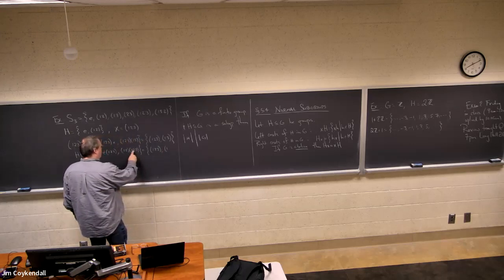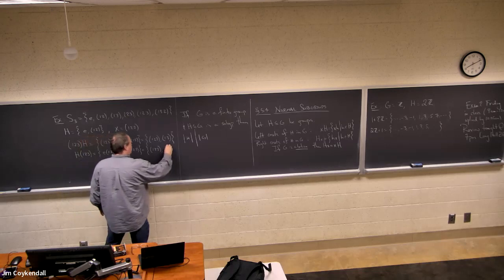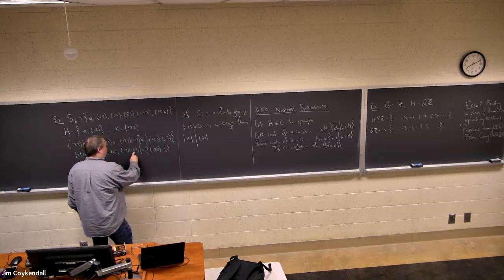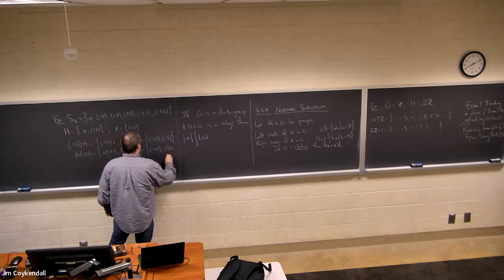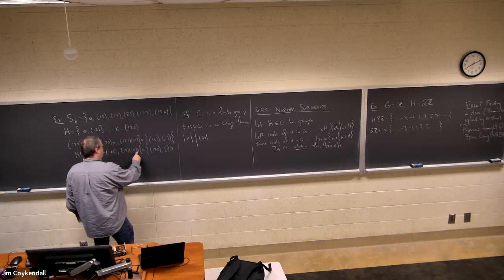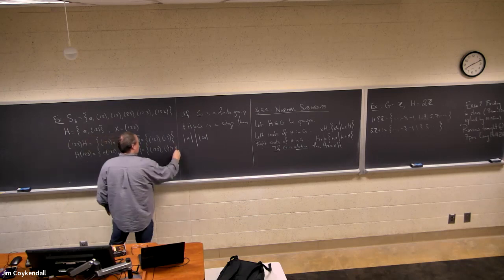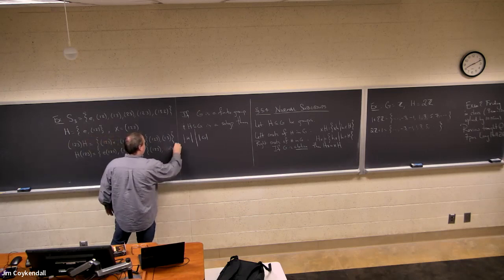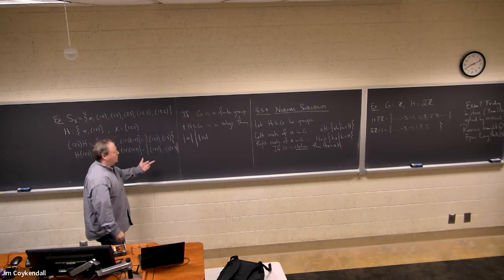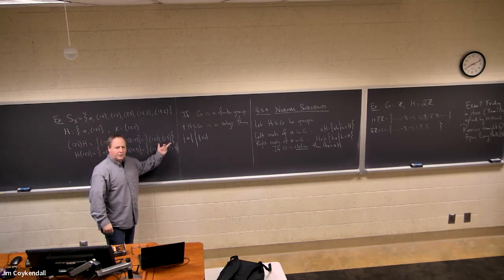It goes to 2 and then back to 1. Now let's see, where does 2 go? 2 goes to 3 and then it's left alone. And 3 goes to 1, back to 2. Notice my left coset and my right coset are different. Do I agree with that?